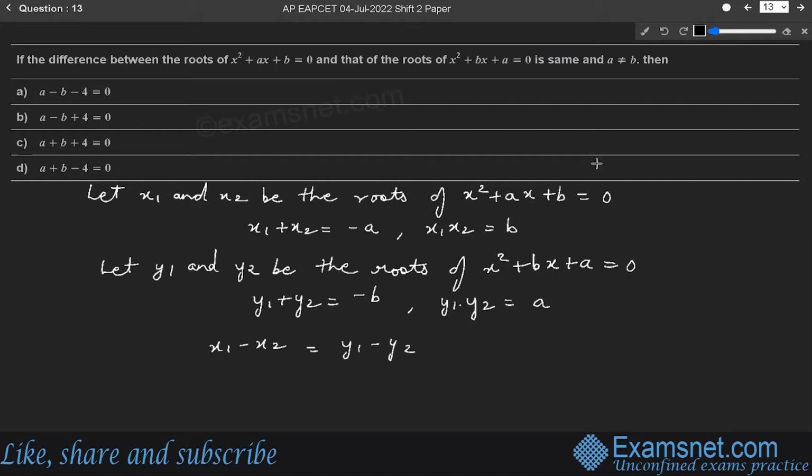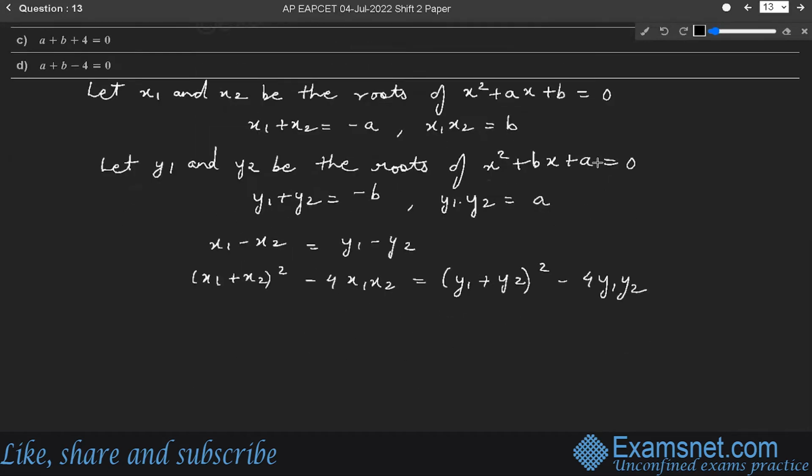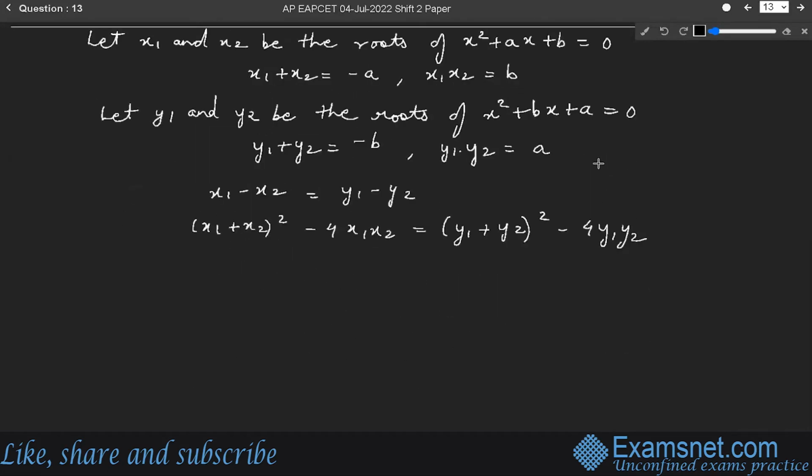Now squaring both the sides, it will be x1 plus x2 whole square minus 4x1 x2, equal to y1 plus y2 whole square minus 4y1 into y2. On further solving this, see, x1 plus x2 is minus a.